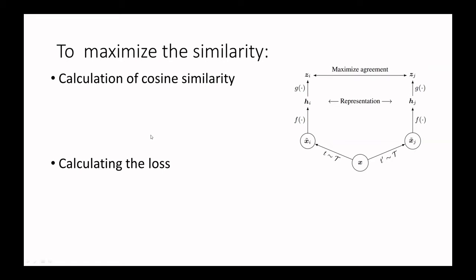For the cosine similarity, we do the similarity check between the two augmented versions of an image. This is the formula for cosine similarity, where this T is the adjustable temperature parameter, which is used to scale the input and widen the range of the cosine similarity, and these are the norm vectors.